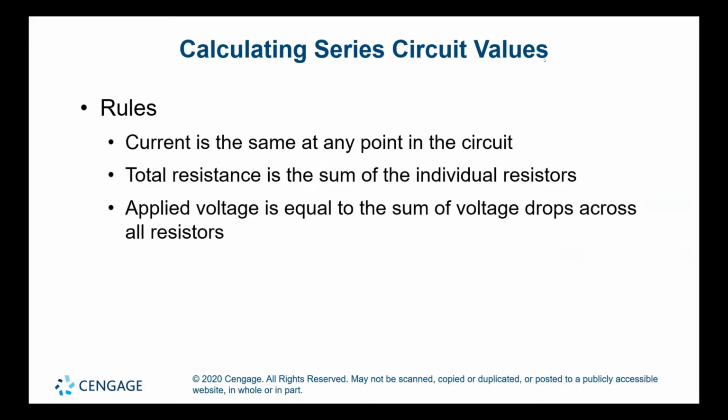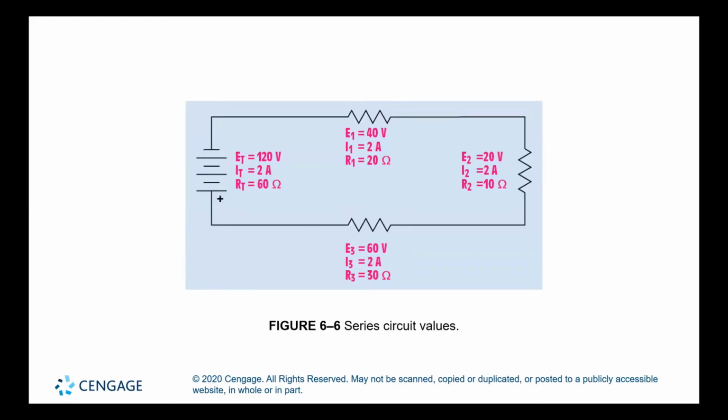So we already covered those 3 rules. Okay, so please keep those in mind. Those are very important going forward into combination circuits. Do you have any questions so far, guys?